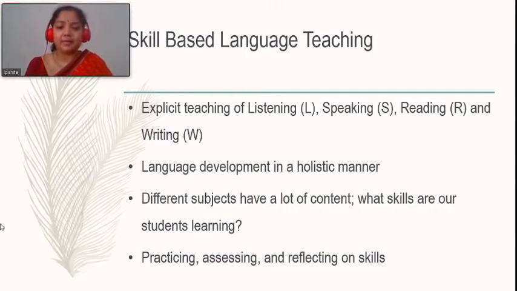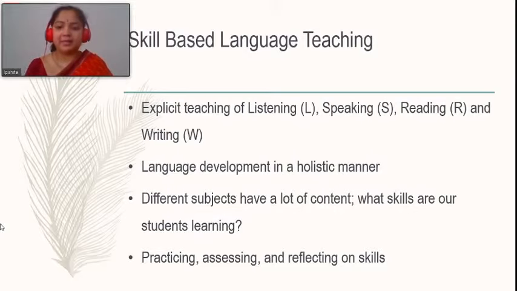But in skill-based teaching, we are very conscious of the pedagogical strategies that we use in the class, and the 4 macro skills: listening, L; speaking, S; reading, R; and W stands for writing. So these are the 4 macro language skills, and the teacher devises very specific strategies in the classroom to ensure that the students learn these skills.